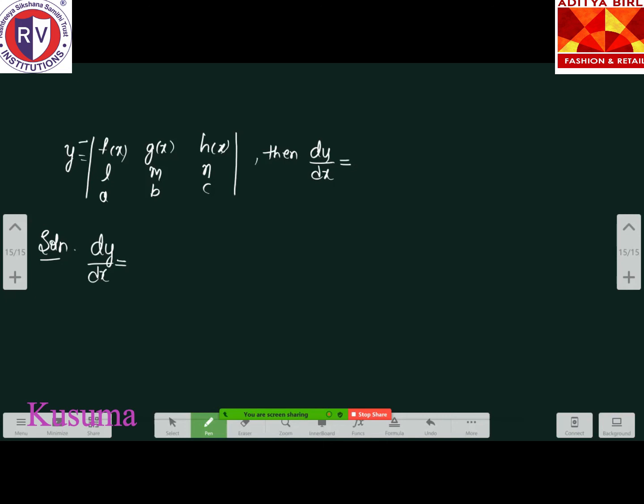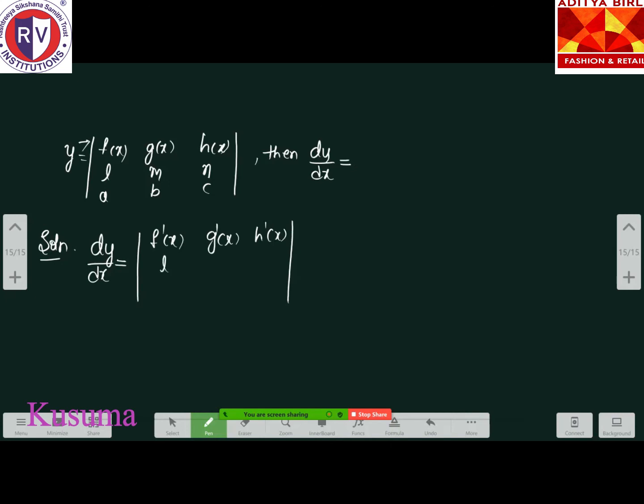First, you just differentiate the first row and write the terms in the second and third row as it is. So here it will be f dash of x, g dash of x, h dash of x.